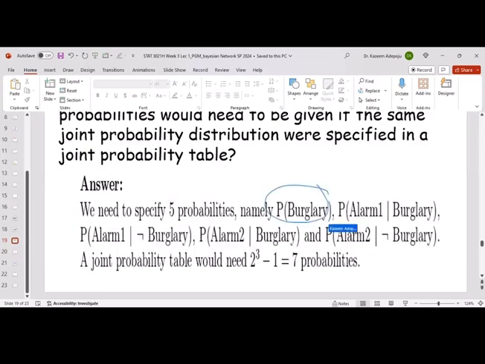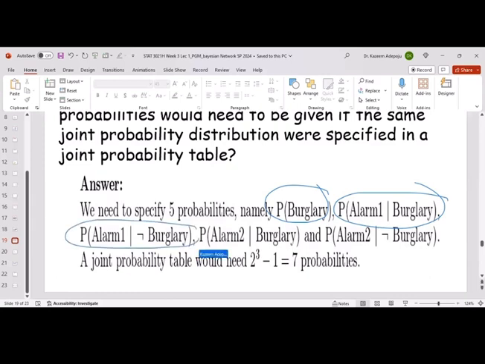If I want to know it's 5, I only need to look at the structure. Looking at the structure, what is the parent? The structure starts with burglary. I need to calculate the probability of burglary. What is the next thing I can calculate? The probability that alarm 1 rings given burglary.